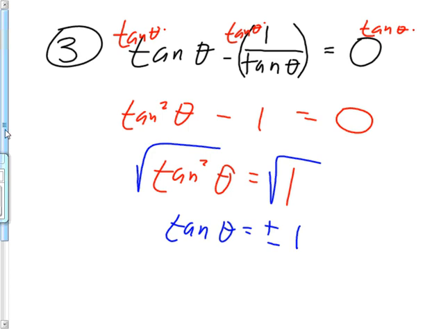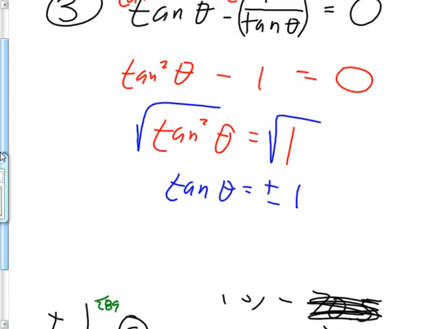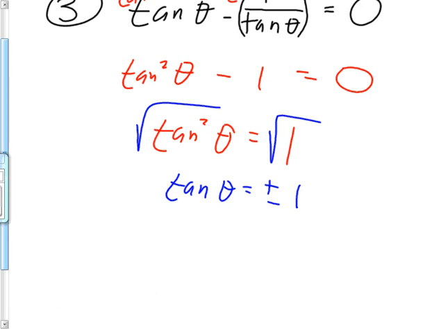And now that breaks up. I think the best way to do this is to remember it's actually two parts. Tangent theta equals 1 and tangent theta equals negative 1. I do this side, and you're asking yourself what degree would give me a tangent equals 1?